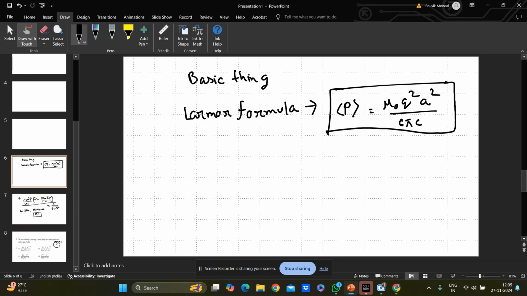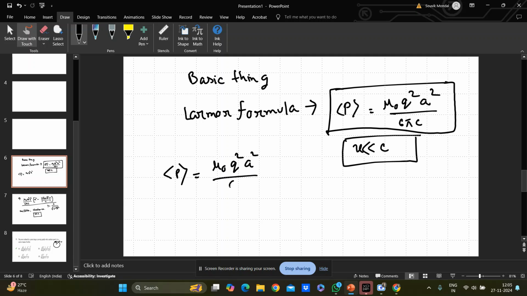But let me tell you a few things. This Larmor formula has some approximations. The first approximation is v is much less than c, so the non-relativistic case. If you don't assume this condition, then your Larmor formula gets modified to mu naught q squared a squared by 6 pi c, but with a gamma to the power 6 here.